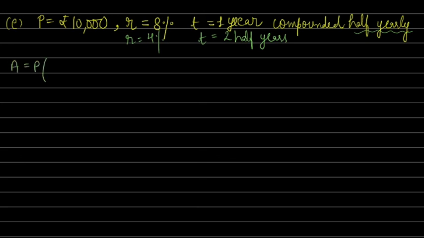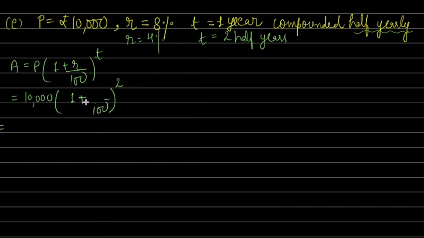Amount is principal into 1 plus r upon 100 raised to the power t. How much is principal? It's given 10,000. 1 plus r upon 100, and t will be 2 because there are 2 half years. Now r will be 4 here because we have calculated the rate as half, right?